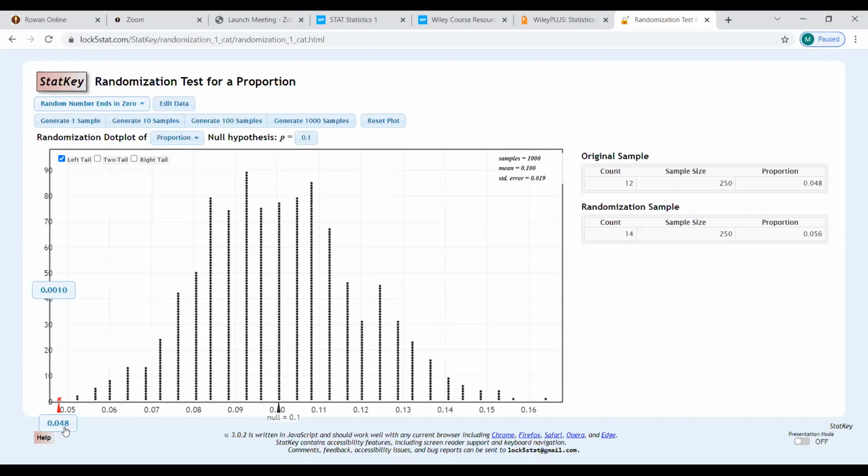What you're going to be learning starting on Monday and going into next week and the week after that, and when we get to chapter 6, we're going to be using formulas to calculate the p-value. Here, what we're doing is we're simulating the p-value, coming up with the p-value through simulation.